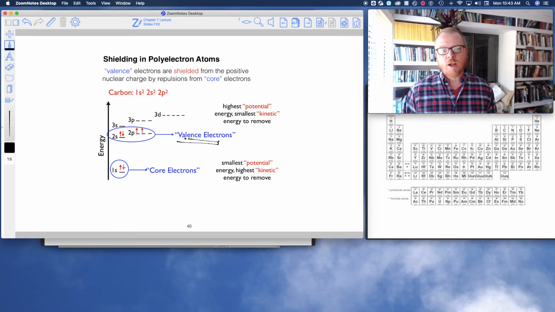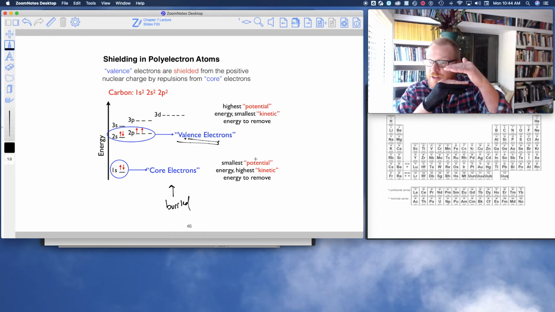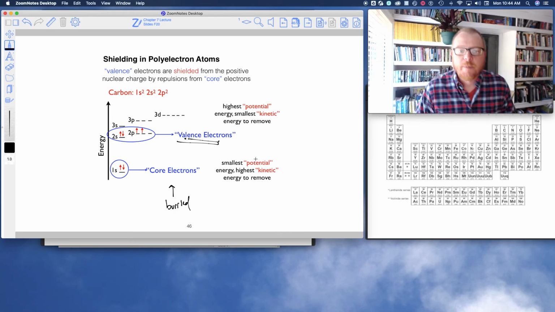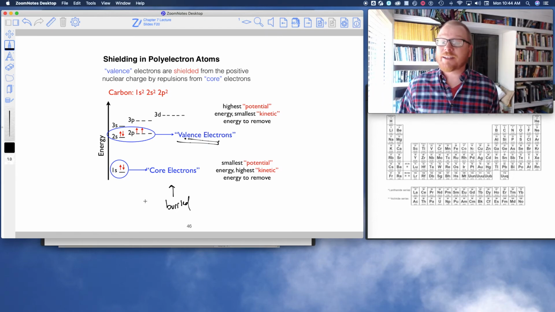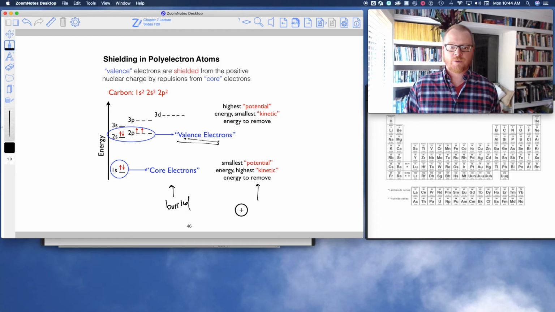Okay, carbon's core electrons are 1s2. So these core electrons, we really think of these as buried. They're deep down in the core of the atom, which means they have the smallest potential. So like they're the closest to the ground, right? So they have the smallest potential. But that means they have the highest kinetic energy to remove. So that means these core electrons are very difficult to remove, okay?